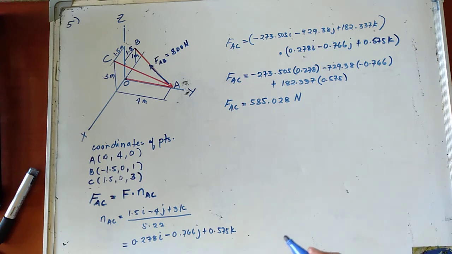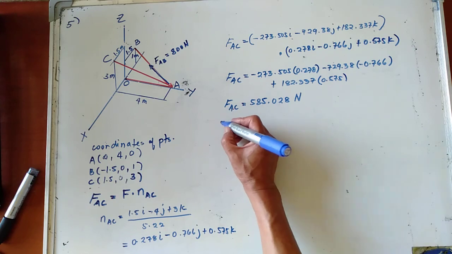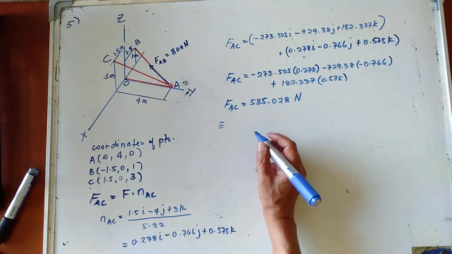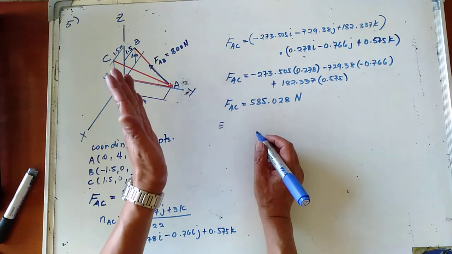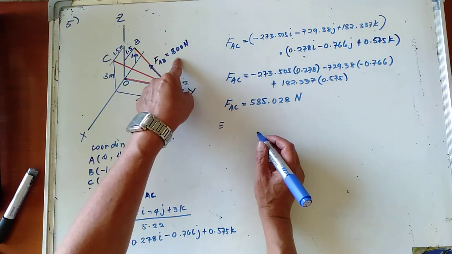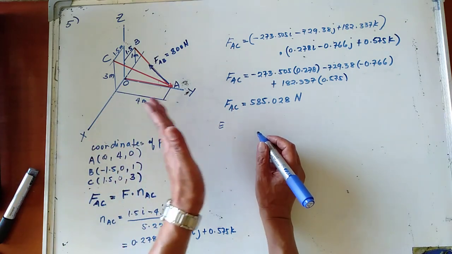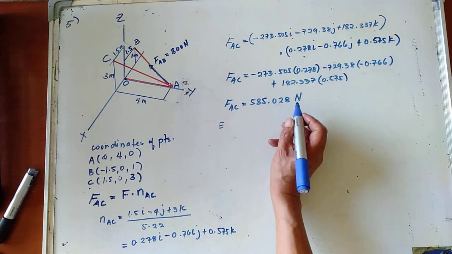Let us express this as a Cartesian vector. The component of the vector directed from A to B, whose magnitude is 800 newtons, in the direction AC is 585.028 newtons.